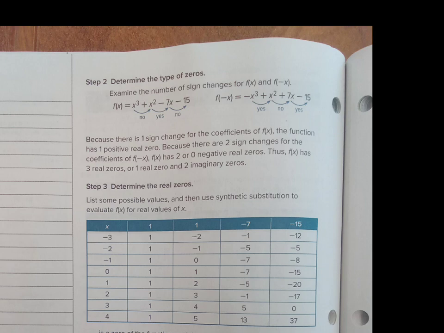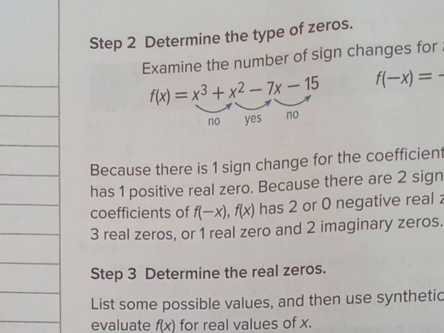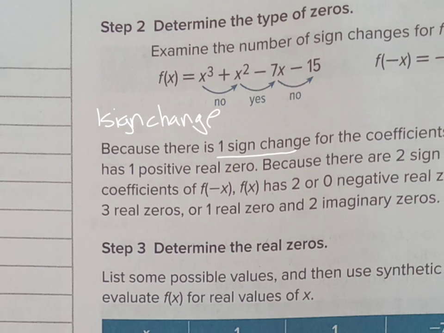So how many sign changes are there for the positives? That's this first one. 1 sign change. So how many positives could we have? One. We have one sign change, so we have one positive real zero, right? That's for sure. That's nice. Helps.